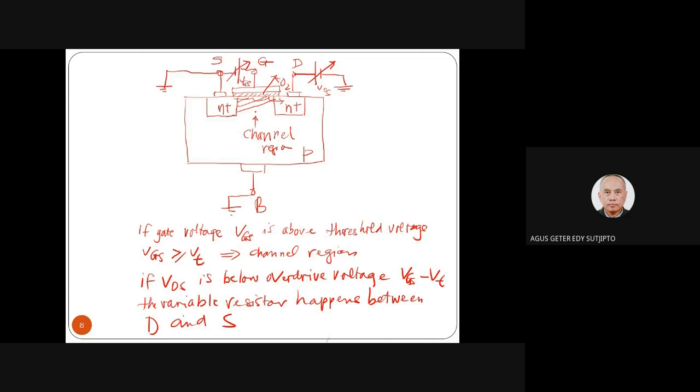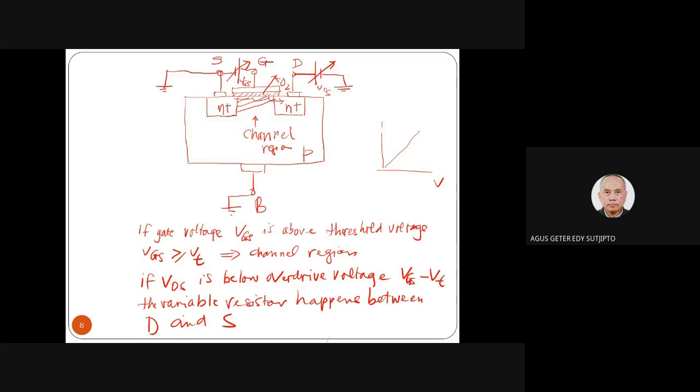We know increasing the DS, as we had last time in the IV, the current increases. So this is like a resistor. Increasing voltage increases the current. So we have the variable resistor there.